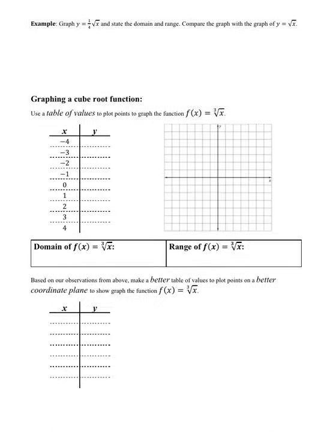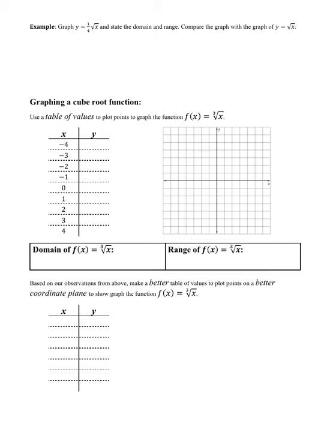So now, the first example today says let's go ahead and graph 1/4 of square root of x, and we're going to compare it to the original function, which was square root of x.